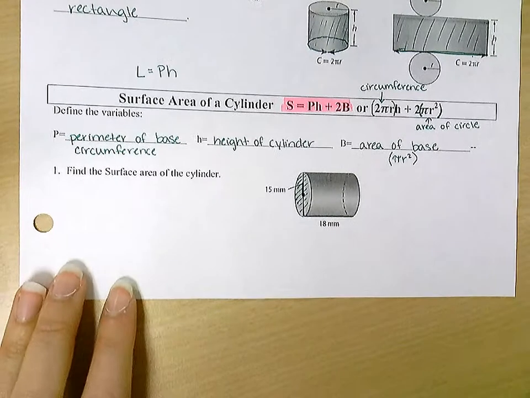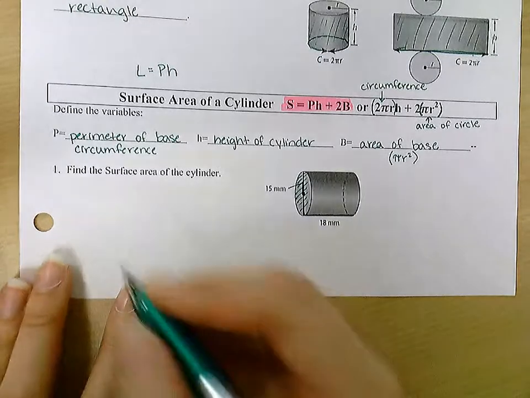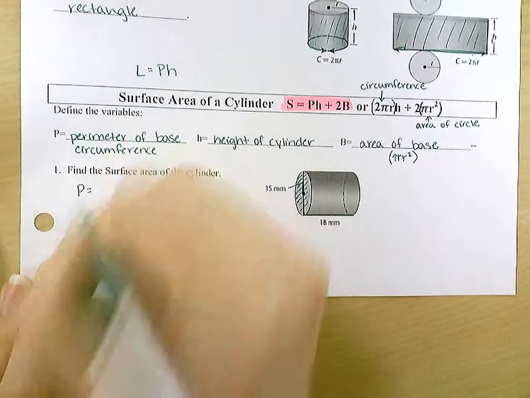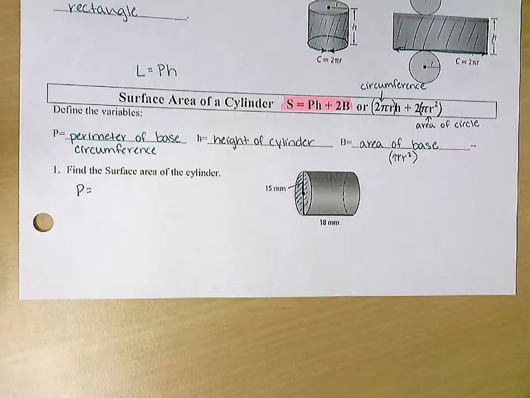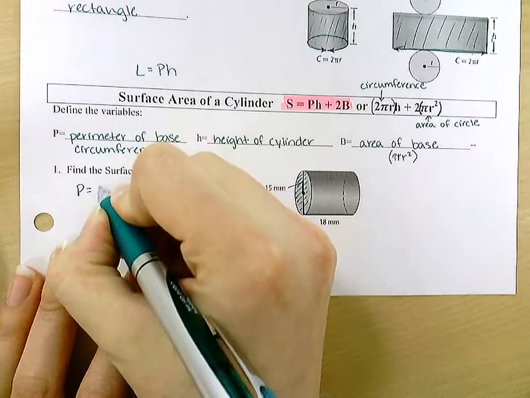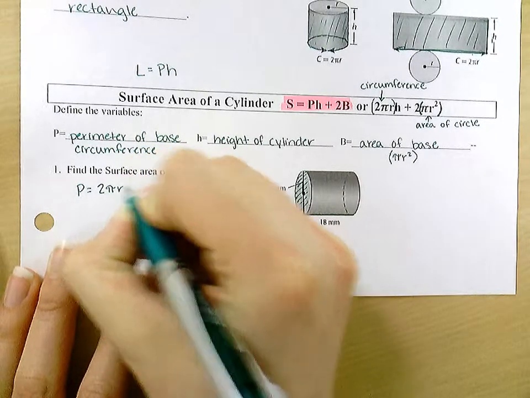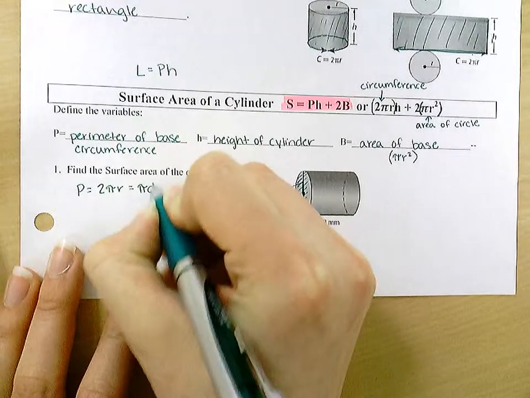Just like yesterday, I'm going to solve for P, H, and B before I plug it into the surface area formula. To find P, since it's the perimeter of our base, the perimeter of a circle is circumference. So I can use 2 pi r, or I can use pi times the diameter.